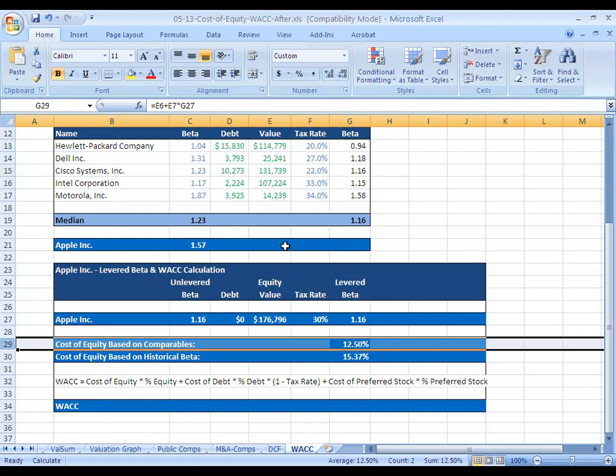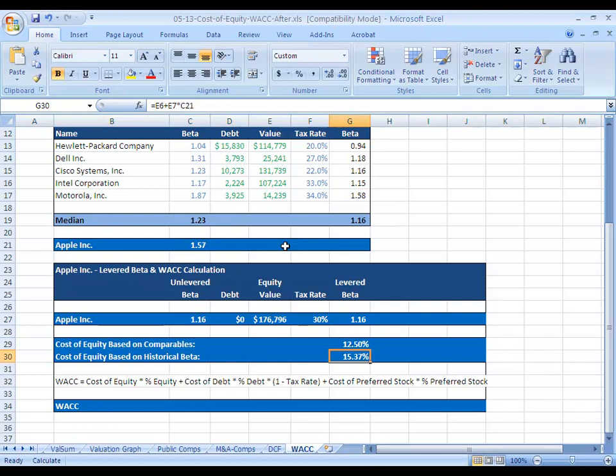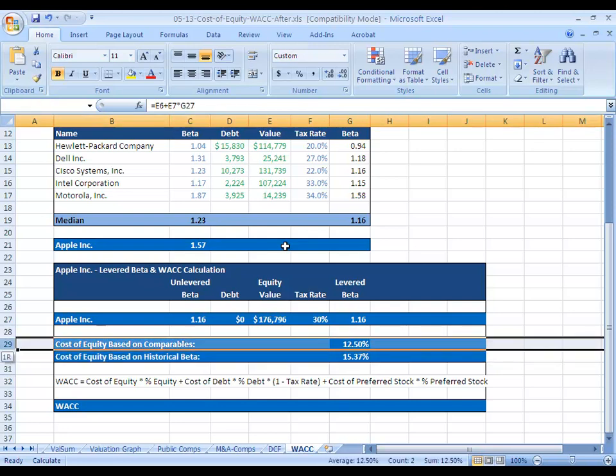So we usually go with this one. Now, if there's a specific reason that the historical beta is more accurate here, so let's say, for example, that our data for the comps is not as good, that we don't have really good comparable companies, then maybe we would go with the historical beta instead. But in this case, I'm just going to use cost of equity based on the comparables.